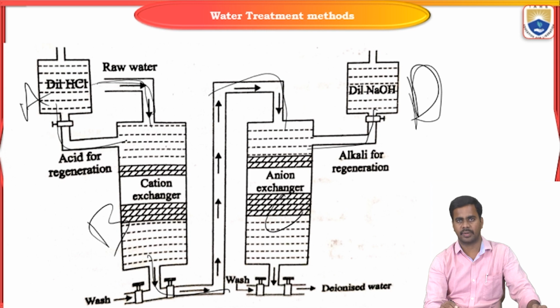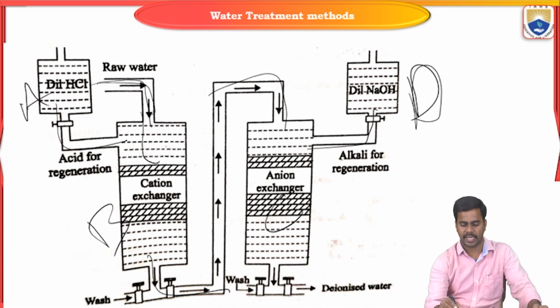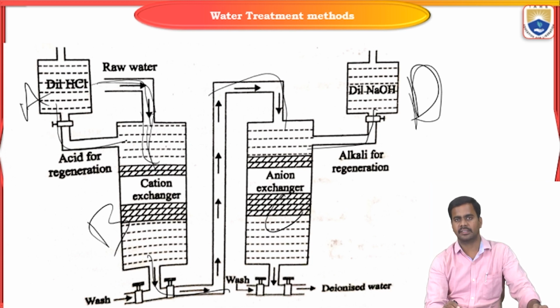So let us see what will happen when we are passing hard water. When hard water percolates through the cationic exchanger, which is present at the middle of the tank, we know that the cationic exchanger has acid functional groups and it is able to exchange whatever cations are present in the hard water.